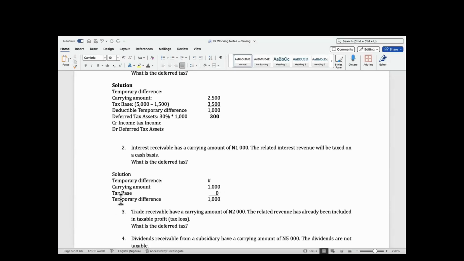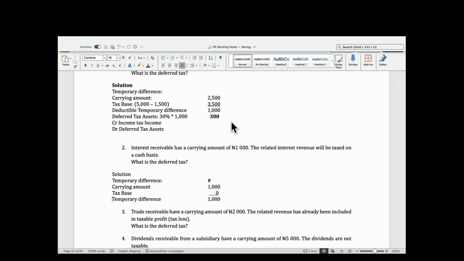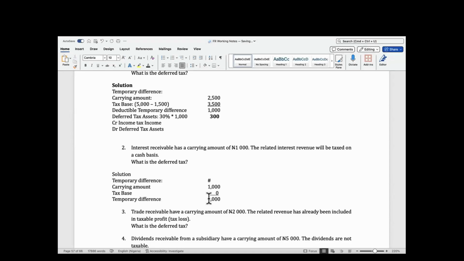However, I need to establish whether this 1,000 is a deductible temporary difference or a taxable temporary difference. Since the situation is such that I will pay more tax in the future, because this revenue will be taxed in the future, it is a taxable temporary difference.